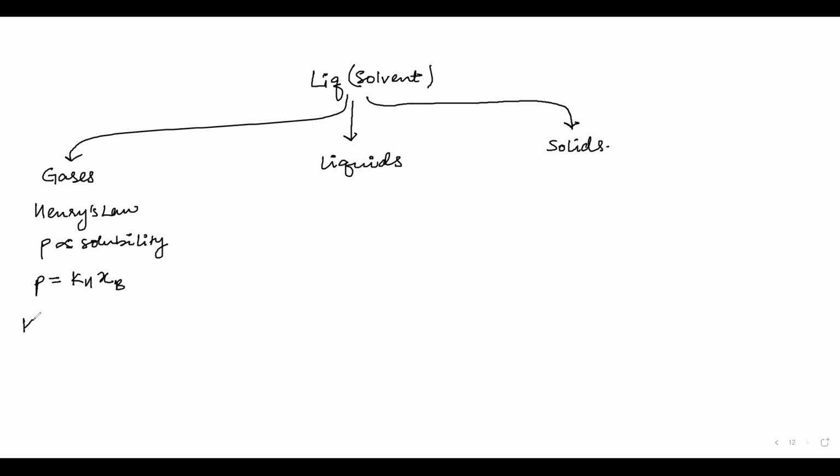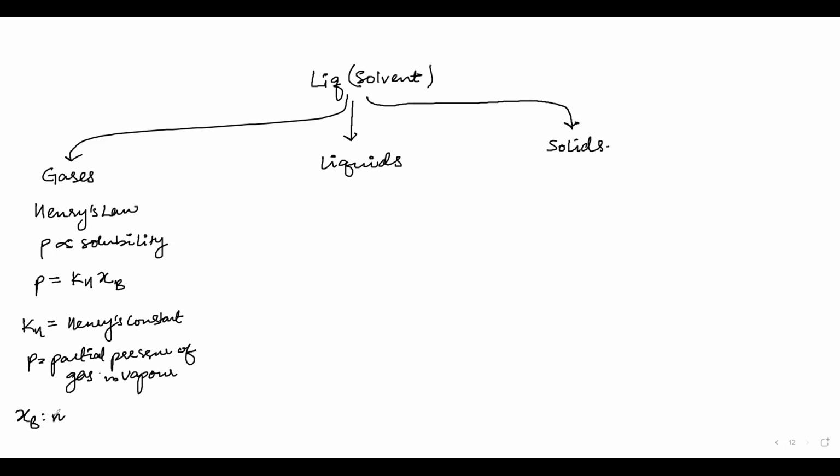Here KH is Henry's constant, and P is the partial pressure of the gas in the vapor phase. Chi is the mole fraction of the solute, the gas in solution.